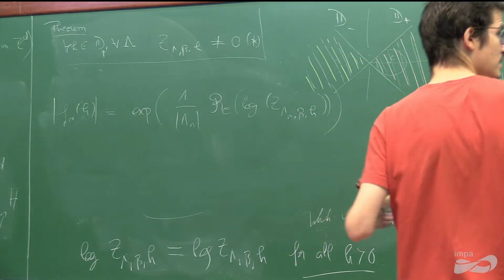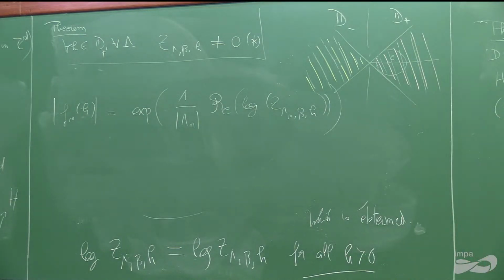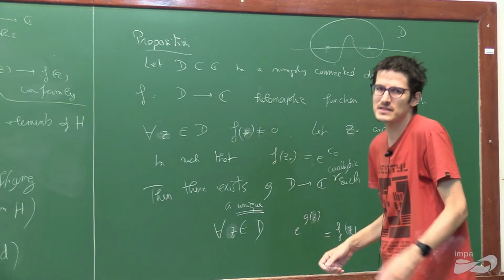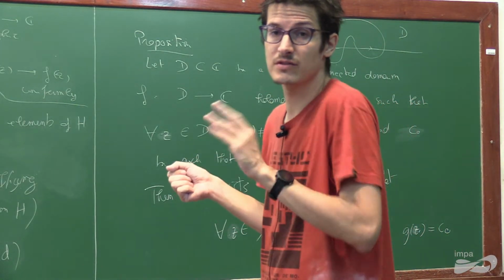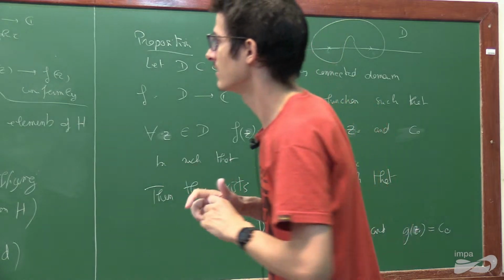I mean, this specification here already defines unambiguously the real part of G. It's just the imaginary part that is not fixed.